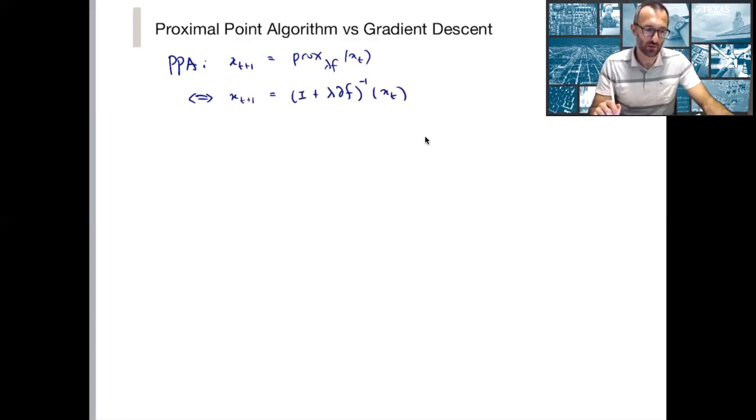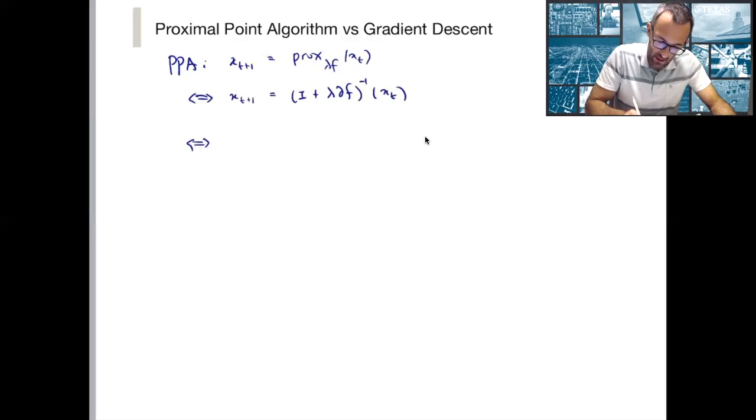Let's carry this through a little bit more. And so this is the same as saying that x_t is an element of (I + λ ∂f) evaluated at x_{t+1}.